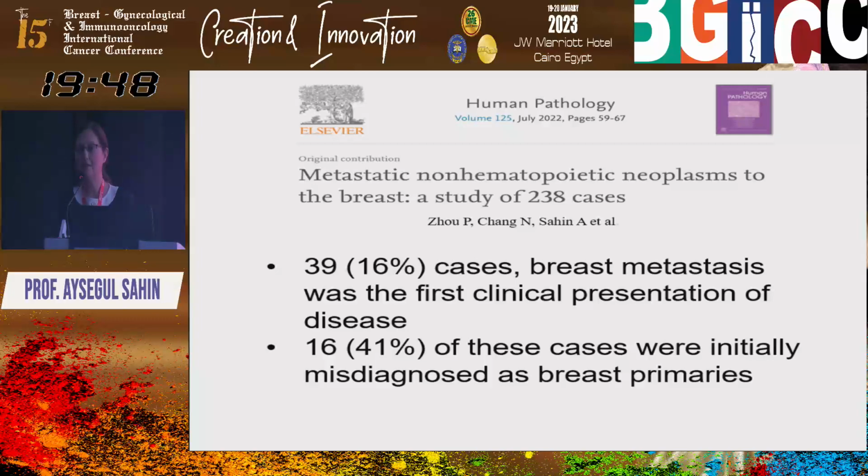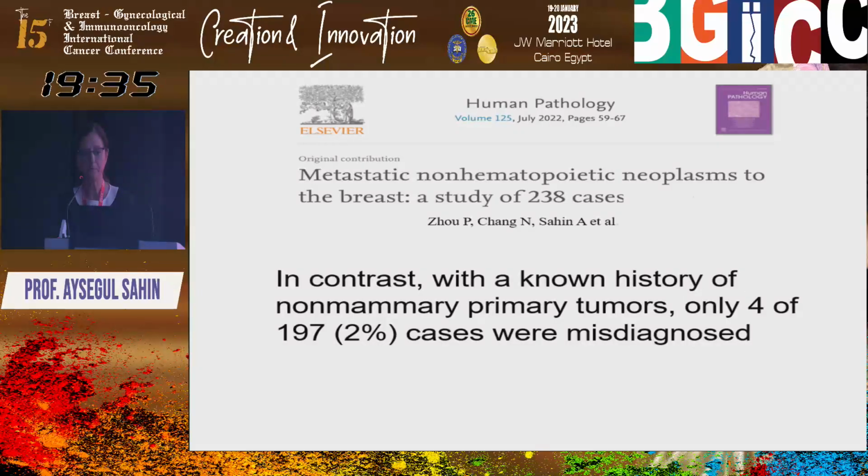So even in a cancer center, with a specialized practice, if we don't know the primary tumor, 41% of the time the initial diagnosis was wrong. In contrast, if we know the history of primary tumors, our misdiagnosis rate was 2%.